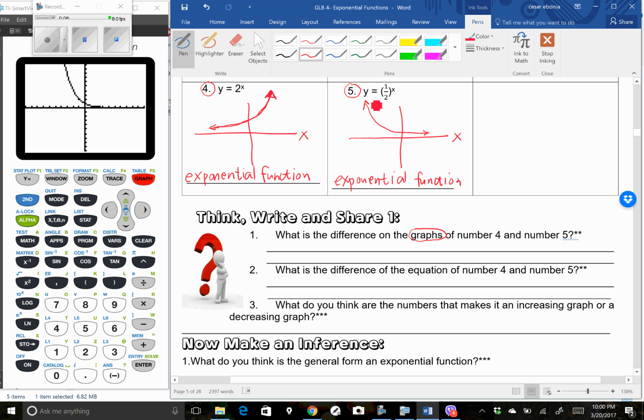And if I trace this one, this is a decreasing graph. So I would describe the difference: number 4 is an increasing graph, while number 5 is a decreasing graph.